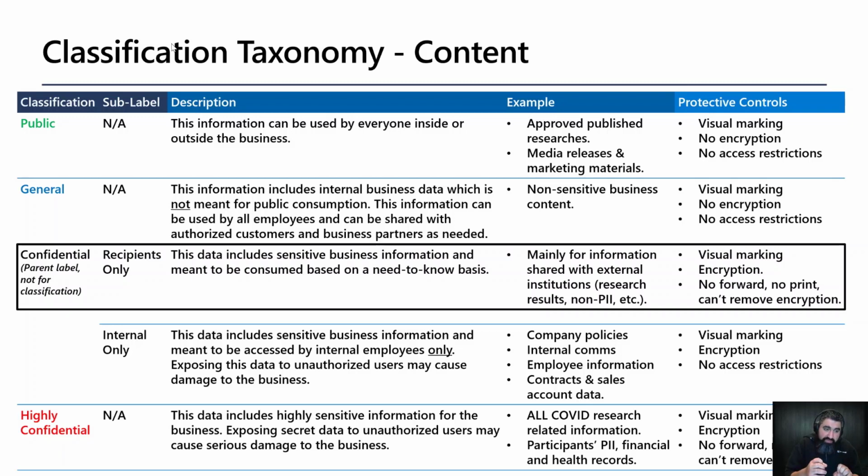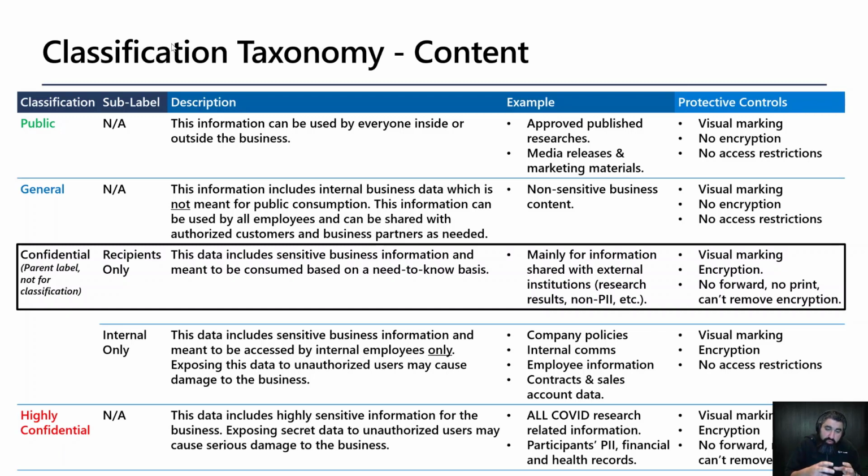This sensitive business information is meant to be consumed on a need-to-know basis, which could be internal or external parties, as long as it's need-to-know. An example of this information that could be shared with external institutions is research results or any result that doesn't contain PII information, etc.